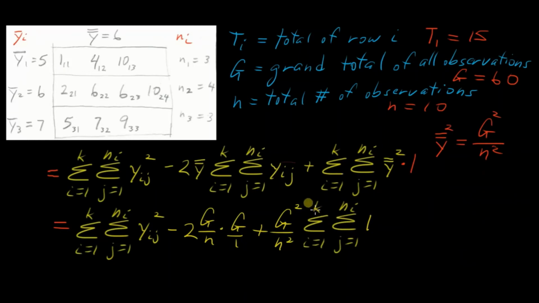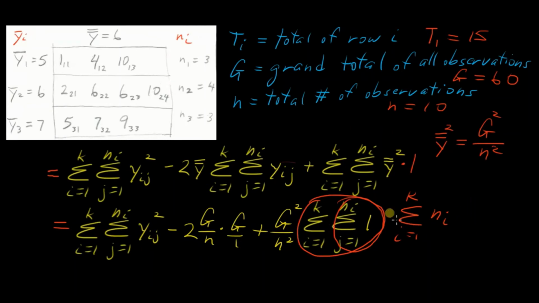So bottom line is this whole thing, and I'll do it on the next row after this, but basically this whole thing is going to turn into this. So this first summation, we're just leaving it alone, but now this inside part is just going to turn into n_i times 1, which means that it's just n_i.